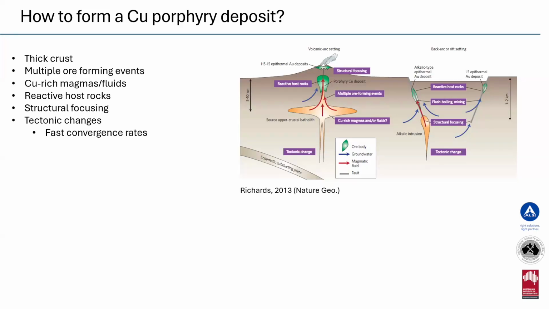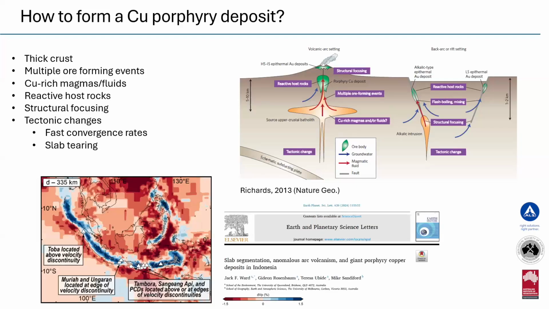And these are the things that relate more to what I'm doing. With many large porphyry systems and epithermal systems, we see that there's also a major tectonic change. For example, sudden change in convergence rates, faster convergence, larger deposits, slab tearing.